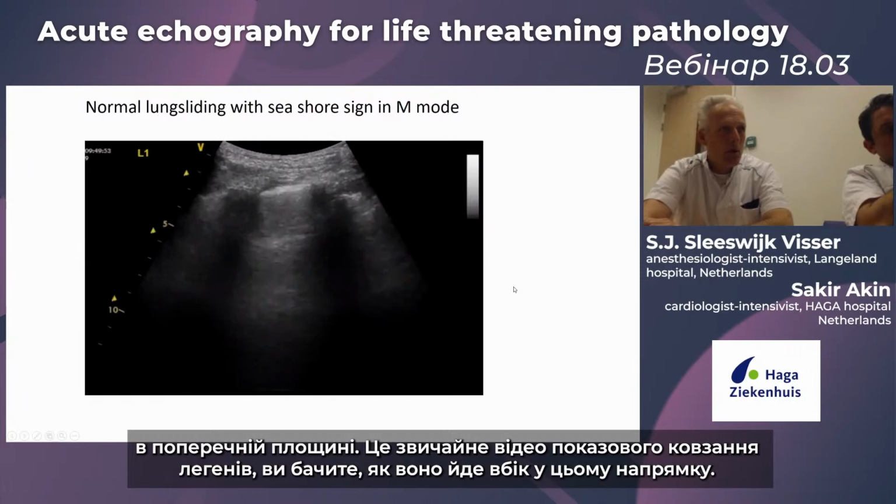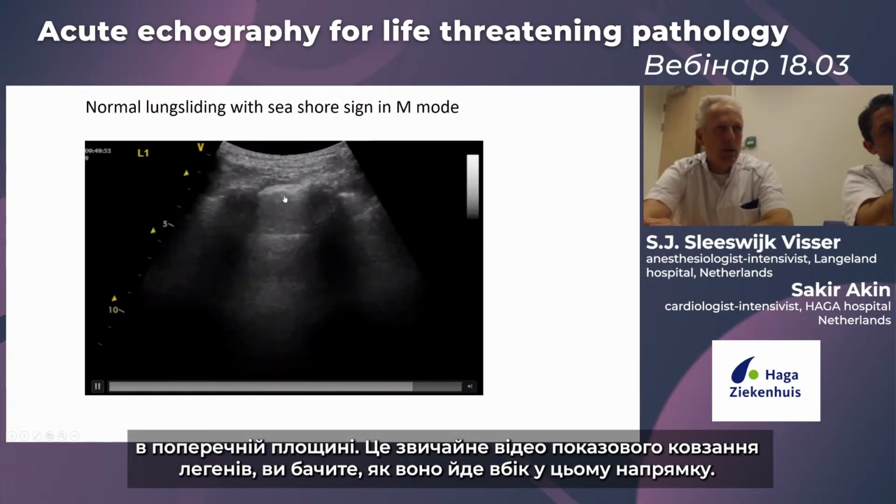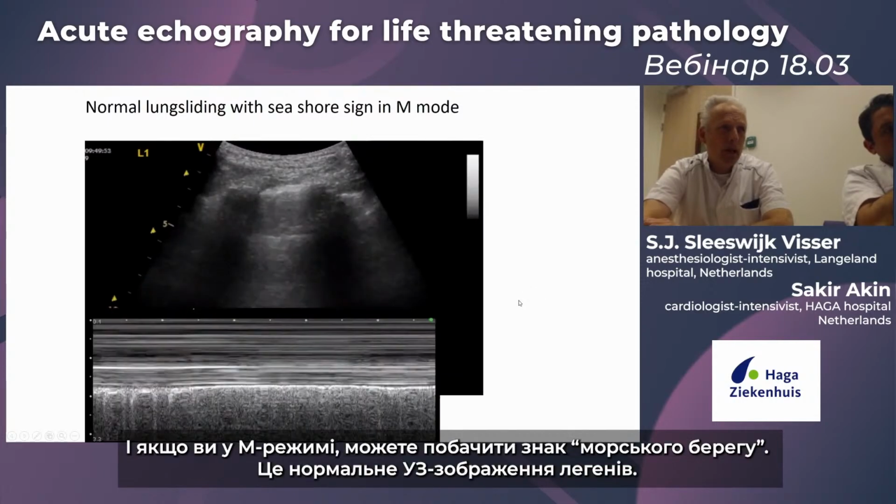This is a normal video of nice lung sliding. You see it going sideways in this direction. And if you put in the M mode, we will see the seashore sign. So these are the waves coming in on the shore. So this again is a normal echo of the lung.